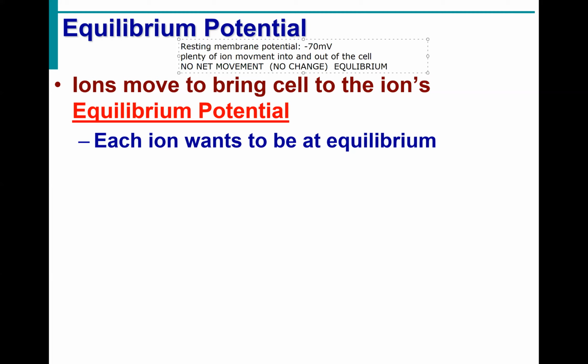There you go. That's our equilibrium point. But again, that's our cell's equilibrium, and that's what our cell is about. However, ions are like 2-year-olds, and all they care about is themselves. While the cell wants to be at equilibrium, so does sodium, and so does potassium, and so does chloride, and so does calcium.